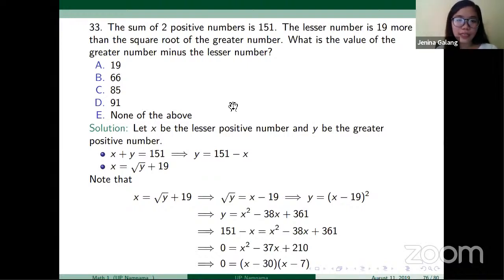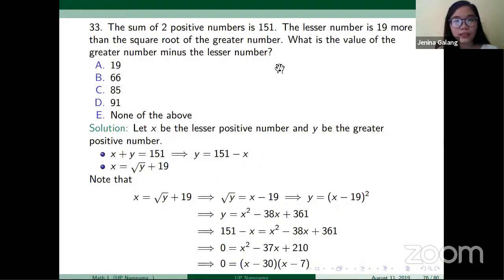So let x be the lesser positive number and y be the greater positive number. And sabi sa first sentence, yung sum nila is 151. So we have this. And pwede nating isolate yung y. We have y equals 151 less x.